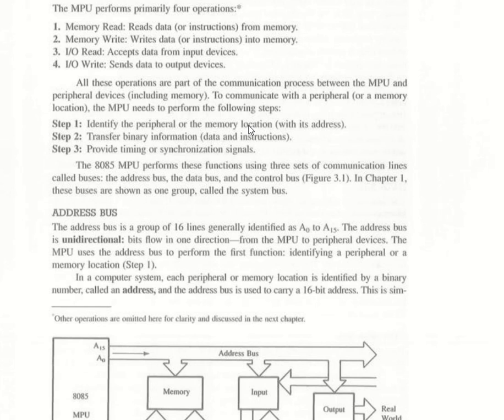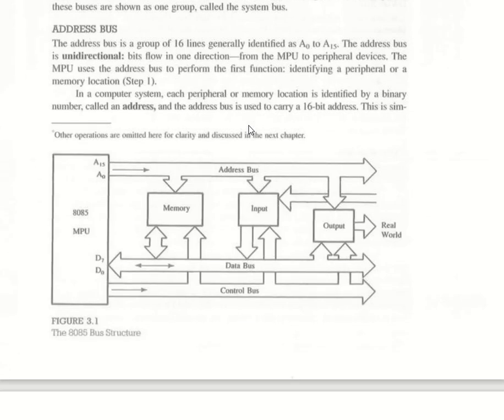And after transferring the binary information, you provide the timing or synchronization of the signal. So my microprocessor unit, the 8085, performs these functions using three sets of lines, and these lines are called buses: address bus, data bus, and control bus. Here they are.